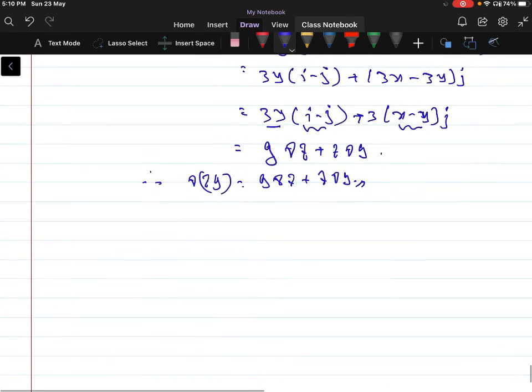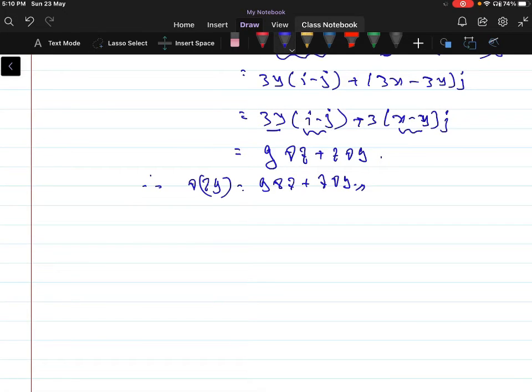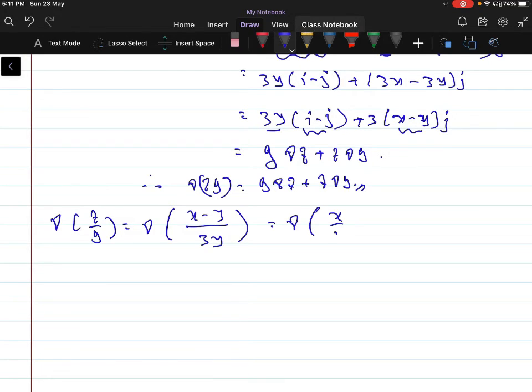So let us take the same example with division of two scalar functions. Gradient of f by g can be written as, gradient of where f is x minus y by g is 3y. So this can be written as gradient of x by 3y minus 1 by 3.